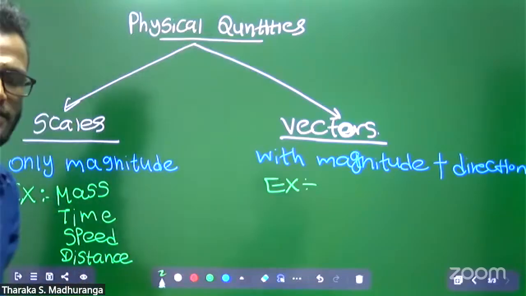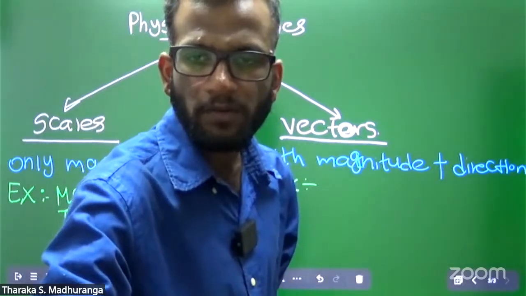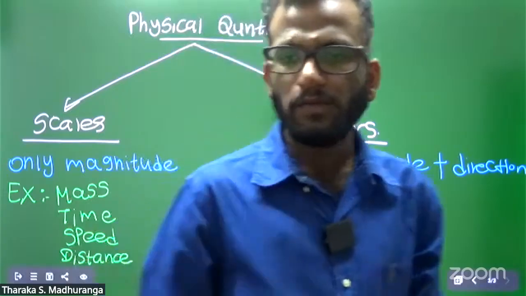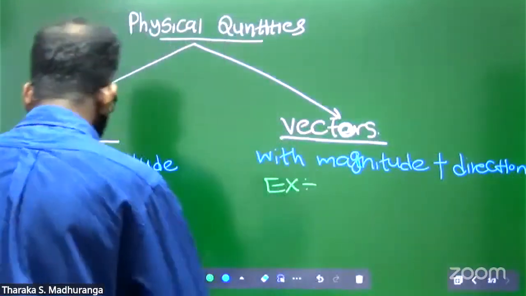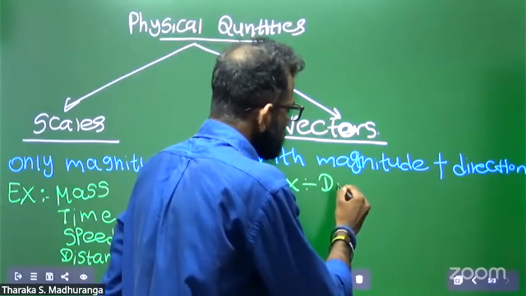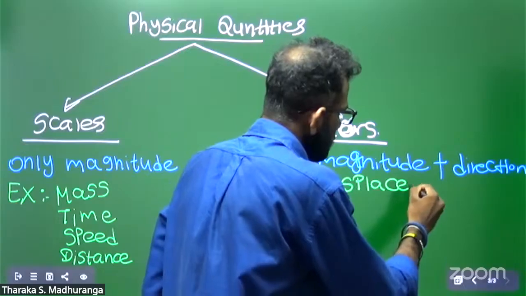Okay, then tell me example for vectors. Examples for vectors. Yeah, you can refresh your O level knowledge. Very good. The distance is the scales, but the displacement is a vector, no? Do you remember?